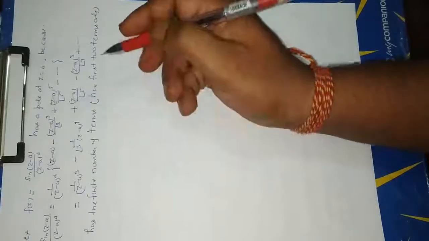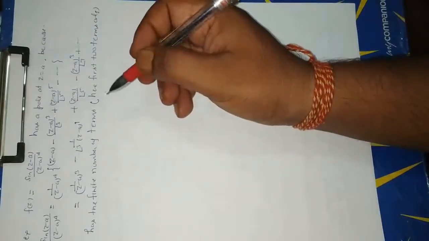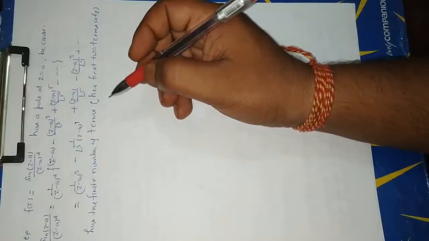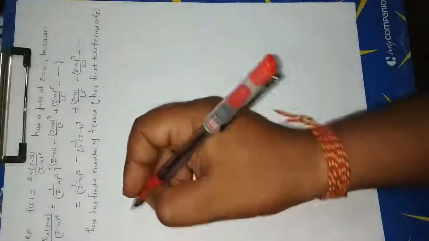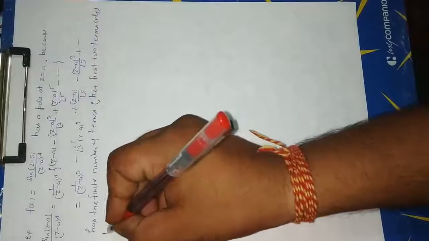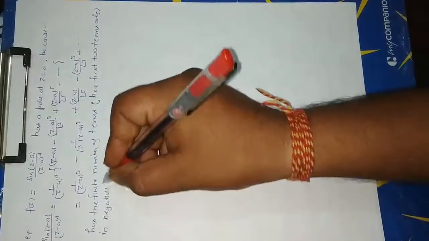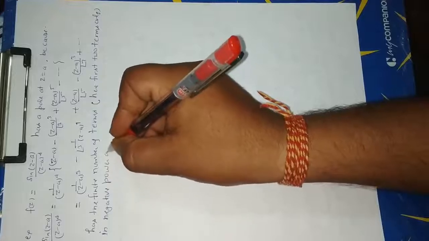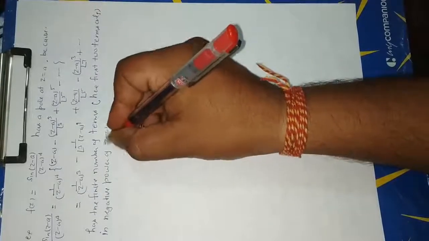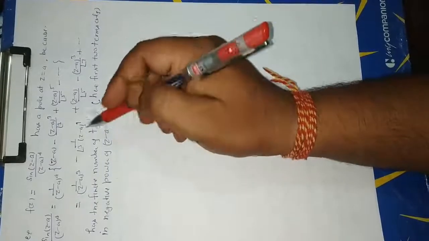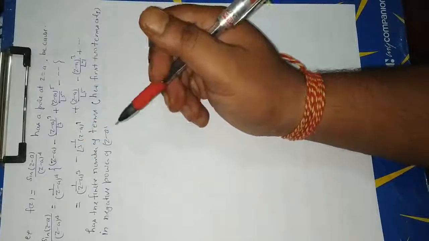There are two terms only. Okay? In the negative power of z minus a, due to this f(z) has a pole.